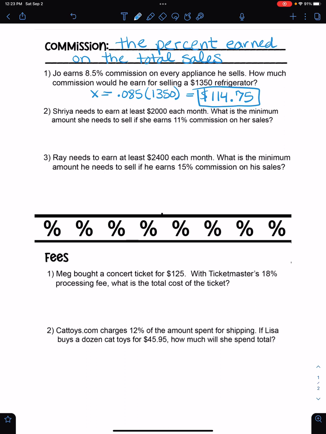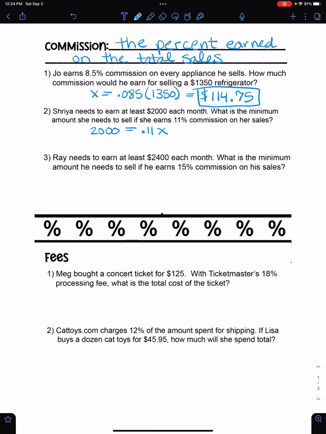Shreya needs to earn at least $2,000 each month. What is the minimum amount she needs to sell if she earns 11% commission on her sales? This one is a little bit different. Instead of knowing her total sales, we know the amount of commission she needs. So $2,000 is going to be 11% of her sales.